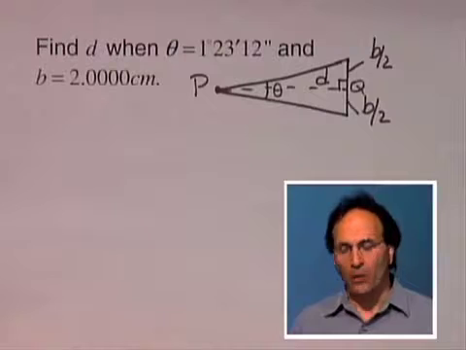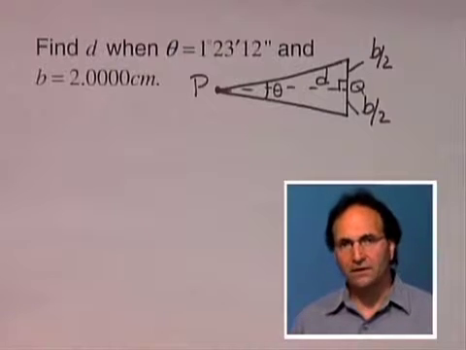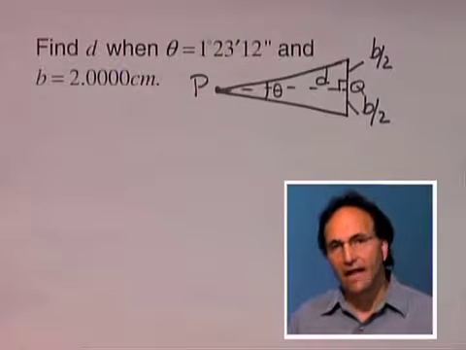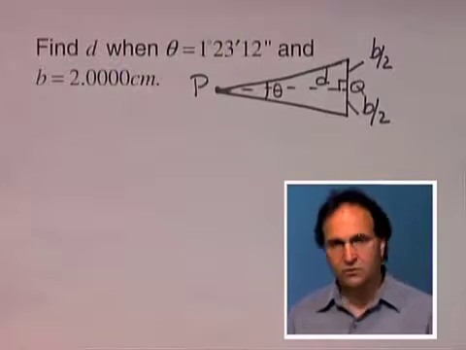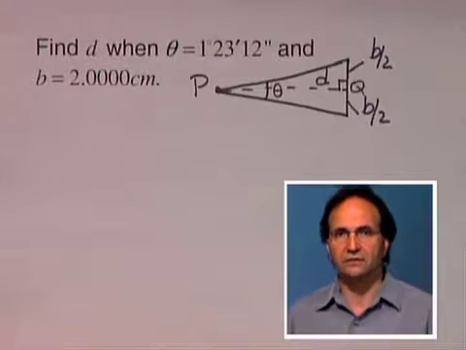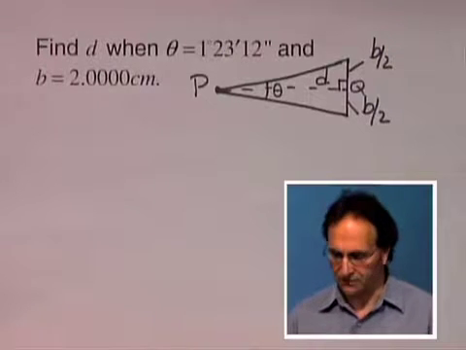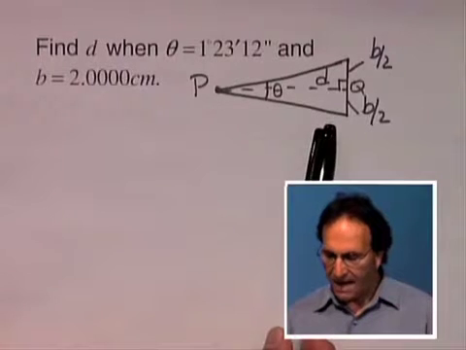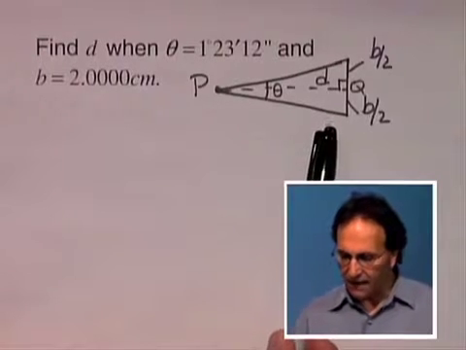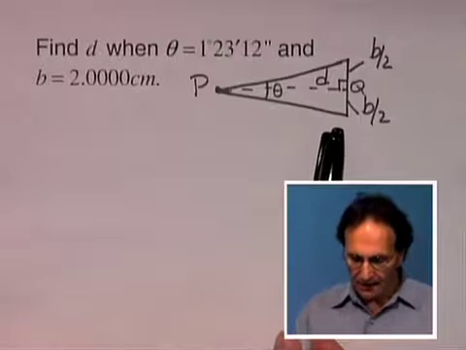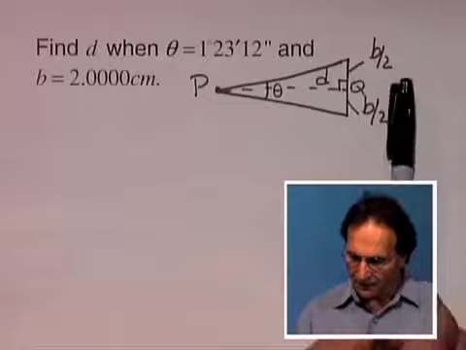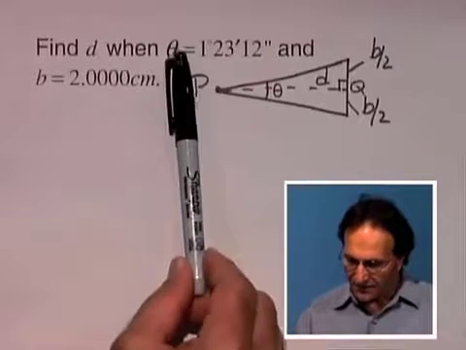Find d when theta equals 1 degree 23 minutes 12 seconds and the length of b is equal to 2.0000 centimeters. I've recreated the picture here, and what we are now going to look at is that we have information of d, b over 2, and theta.